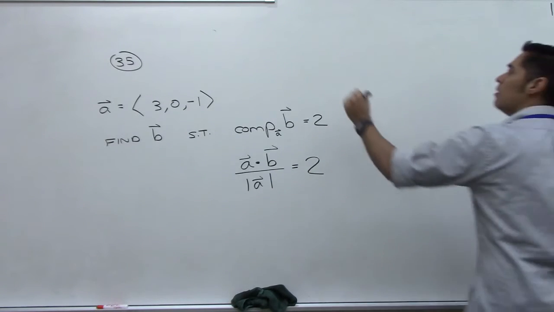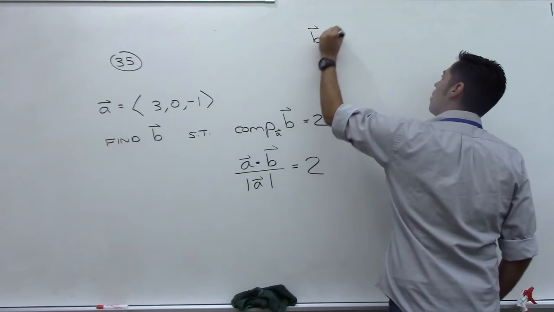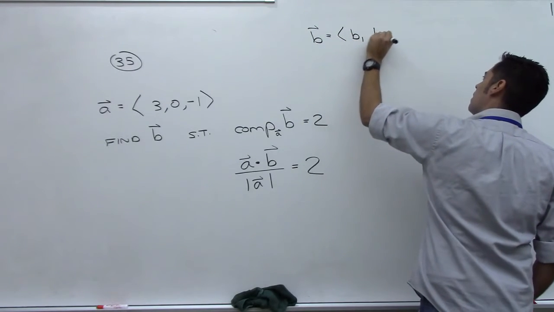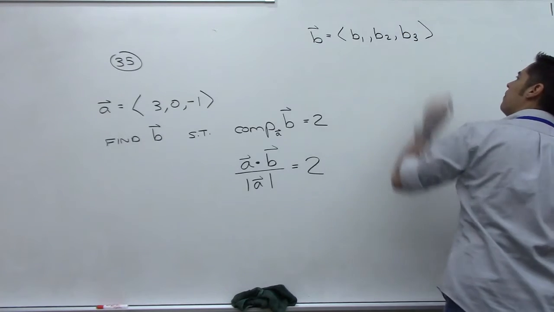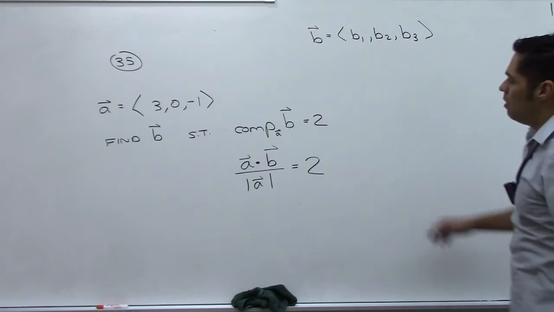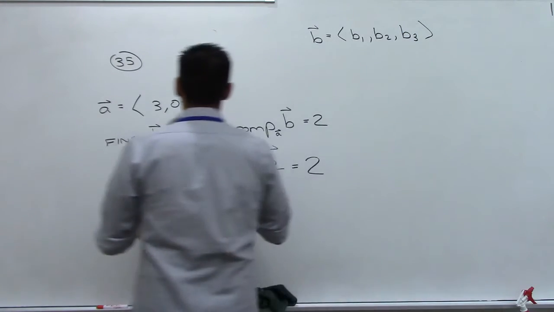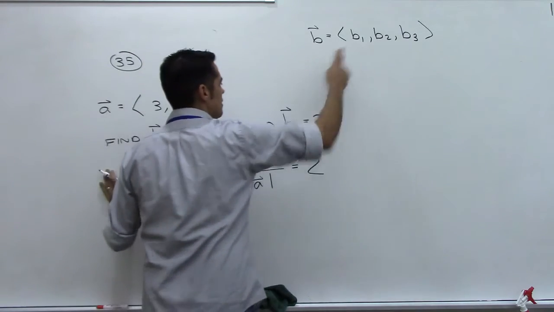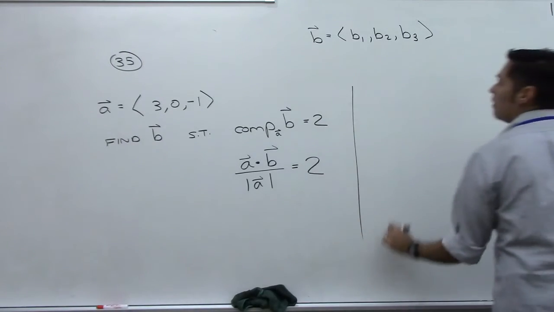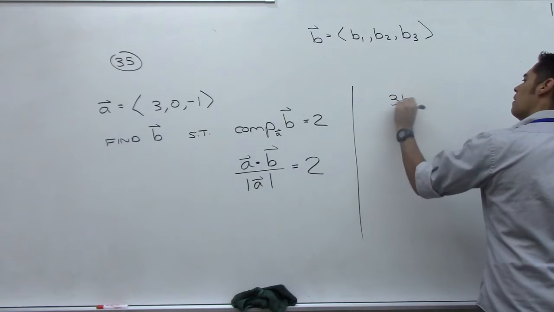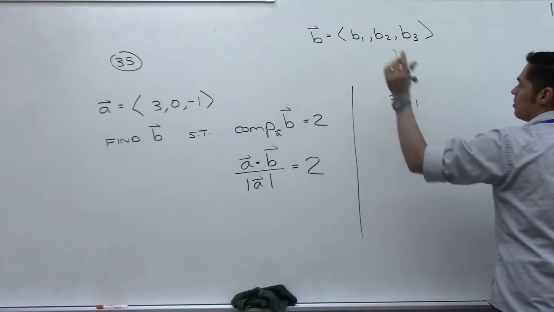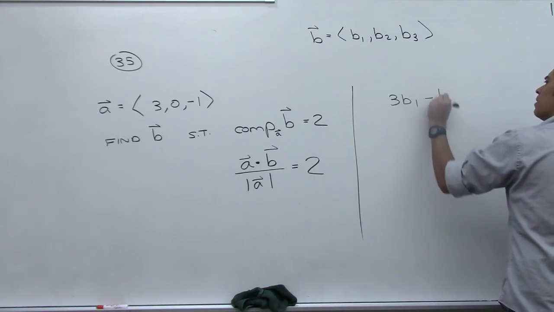Now B, we don't know what it is. We have to find it. So let's call it B1, B2, B3. And let's talk about what A dot B would be. So if I dot that with that, I would get, let's see, 3B1, and B2 times 0 is gone, so minus B3.